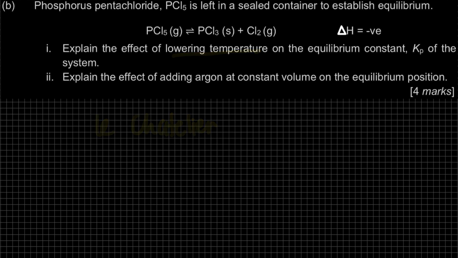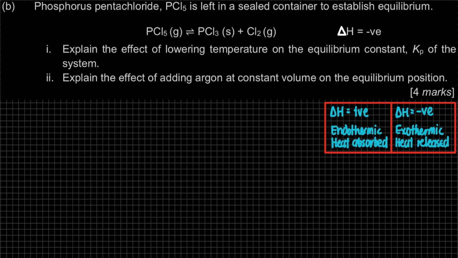So when we're talking about lowering temperature, what we need to know first is our delta H. For a given reaction, if delta H is positive, the reaction is endothermic and heat is absorbed. If delta H is negative, the reaction is exothermic and heat is released. So why is this important?